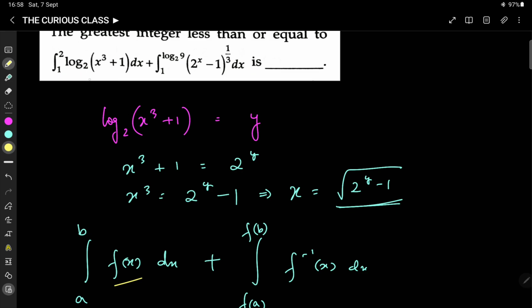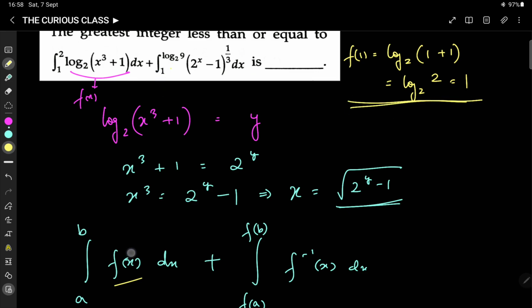If this is f of x, then what would be f of 1? f of 1 is log base 2 of 1 plus 1, okay, so we get 1. So we have this exactly.